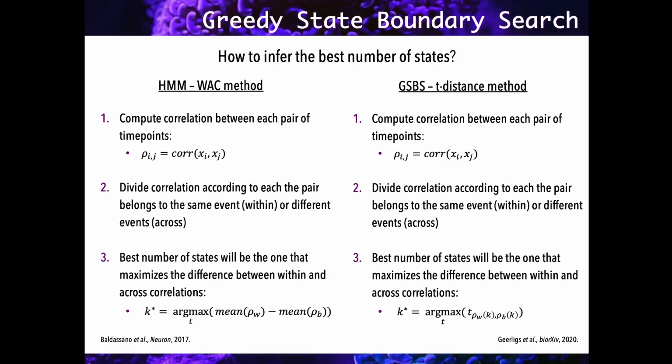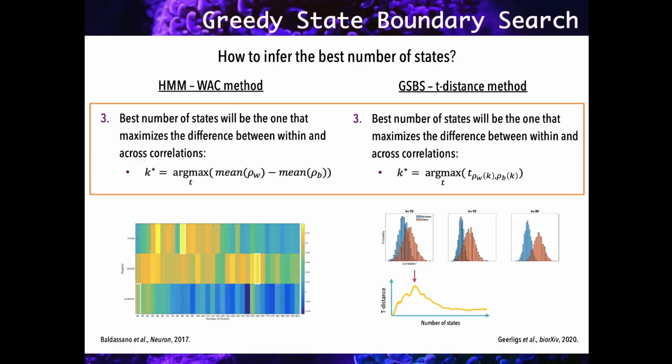So if we compute correlations in pairs of time points, then we divide these correlations into whether they correspond to two time points that are within the same event or two time points that are across events. So we will end up with these two different distributions of correlation values, one that corresponds to pairs of time points that are within the same event and another with pairs of time points that are across events. So here's where things differ between the two methods.